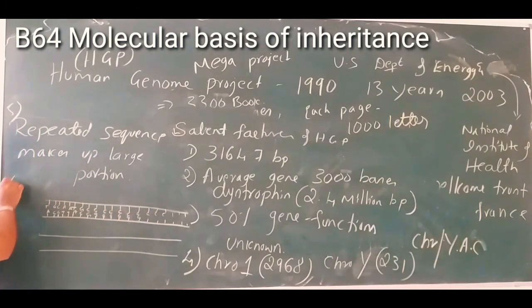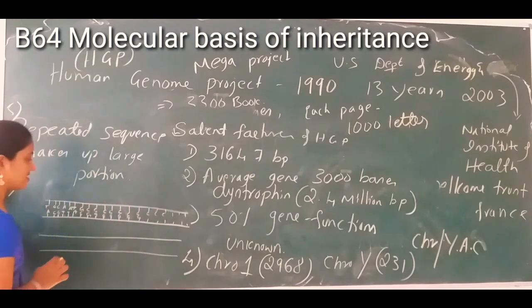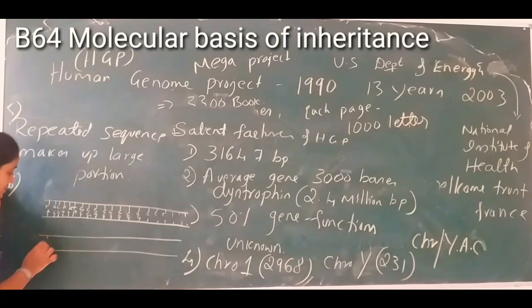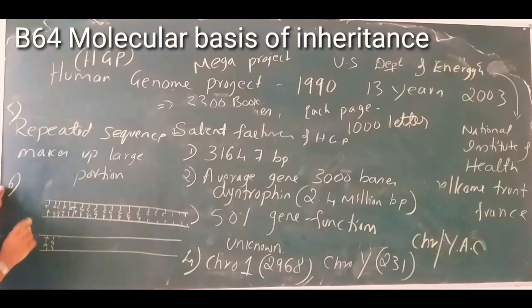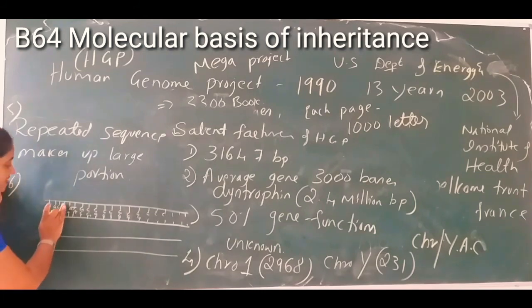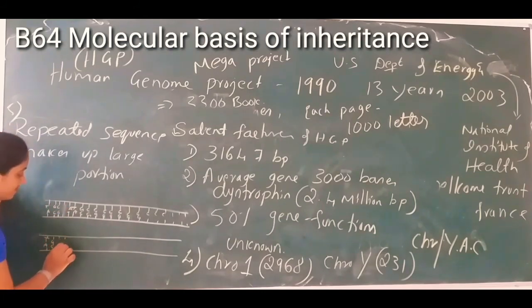One more thing, the sixth characteristic I must tell here. Just suppose this is one strand having different bases. One more strand will have all the base pairs similar to this strand, but only one base pair will differ.